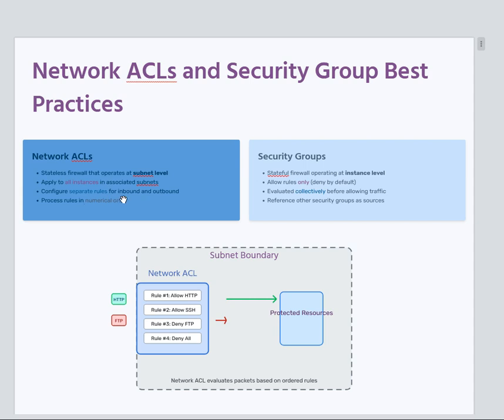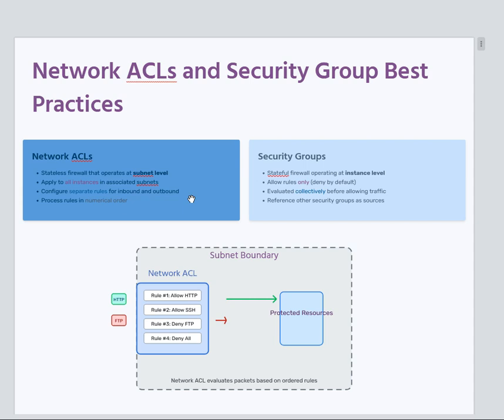Configure separate rules for inbound and outbound. You need to configure separate rules for inbound traffic and outbound traffic, right? Process rules in numerical order. So if you have something like 100, 200, 300, 400, it will process from the lowest number to the highest, processing 100 first and 200 second, something like that. A security group is a stateful firewall operating at the instance level.